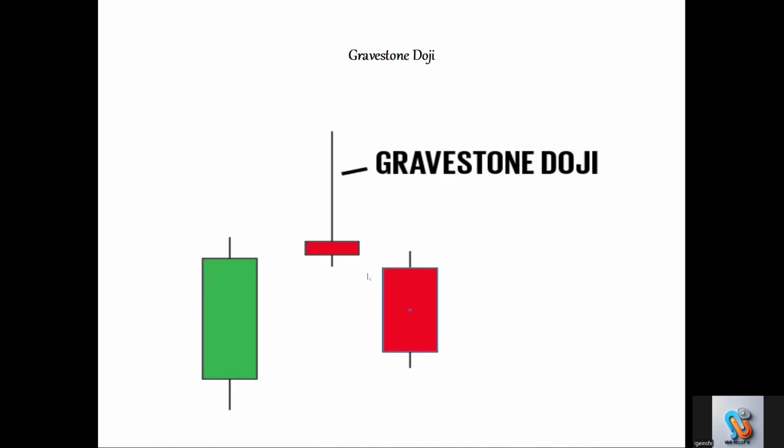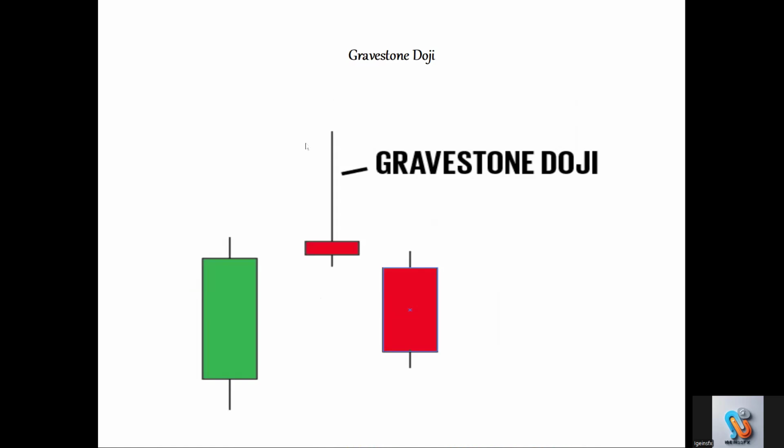Where will you be looking out for this kind of formation, this gravestone doji? At a resistance level. It means the price of an asset has been going up.